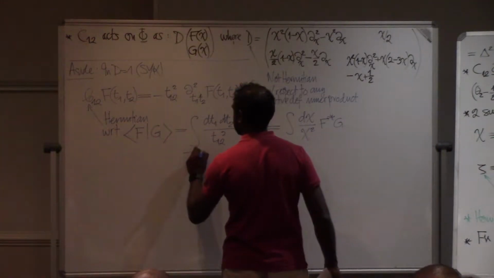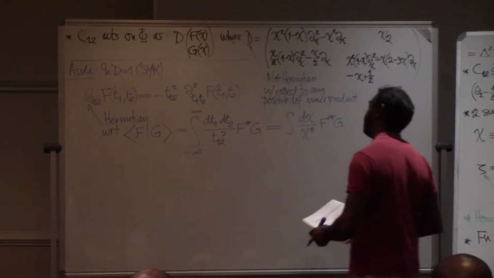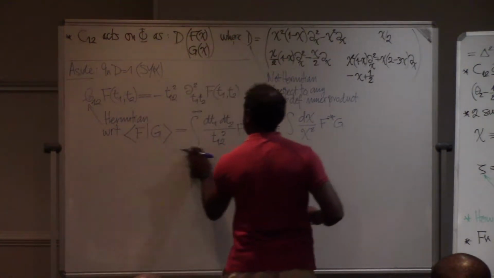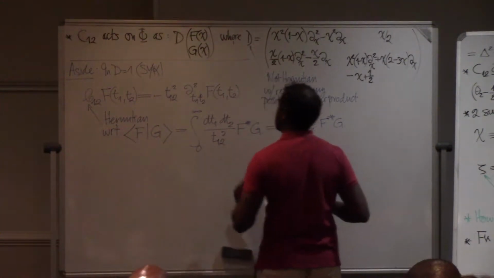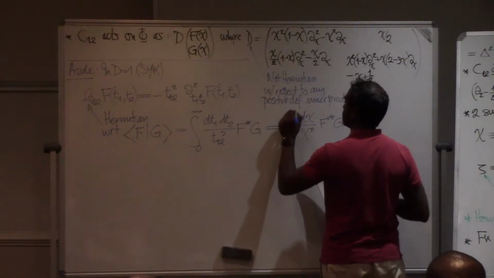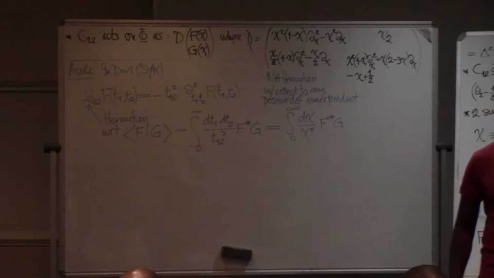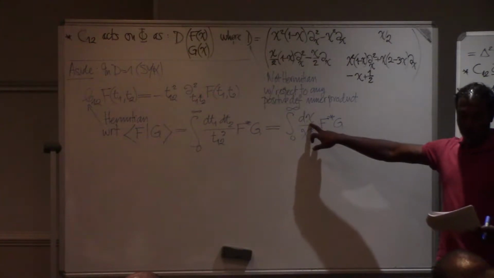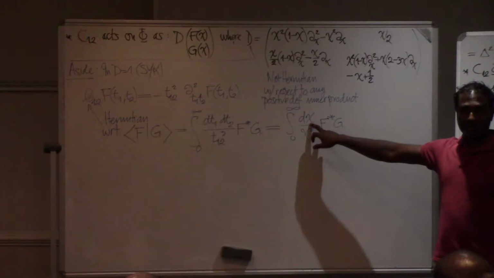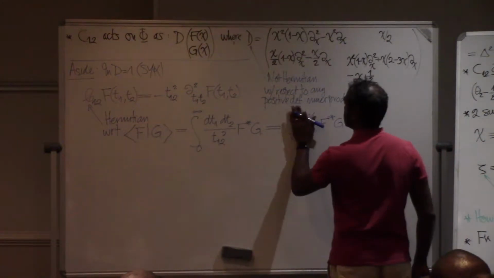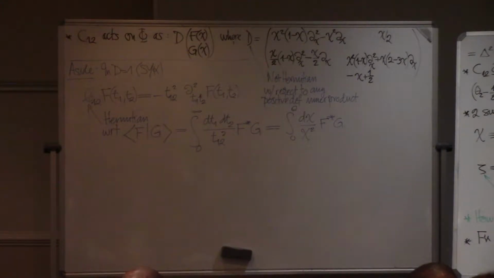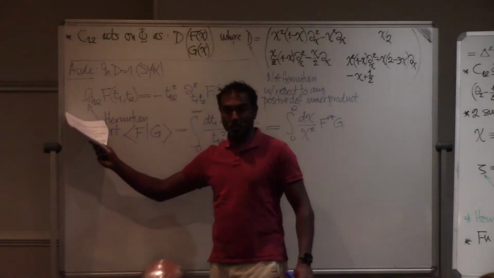Well, here, the integral goes from 0 to infinity in both cases. And here you would expect that the integral goes from 0 to infinity as well. However, SYK has a particular symmetry. The symmetry is under chi going to chi over chi minus 1. And in anticipation of the symmetry, you need only do the integral from 0 to 2, which is the fundamental domain. Okay, so now we understand what the inner product is with respect to which the two-particle Casimir is Hermitian.